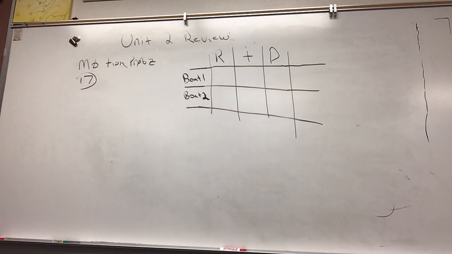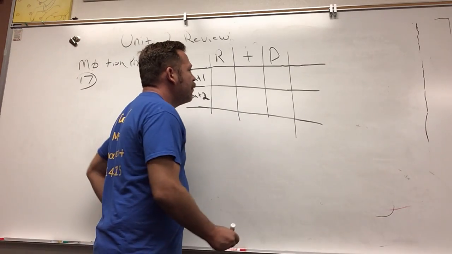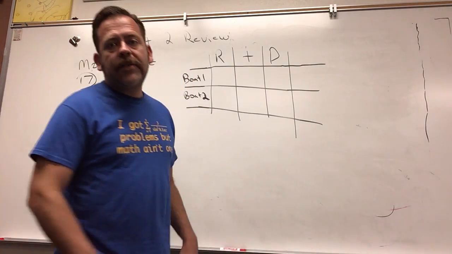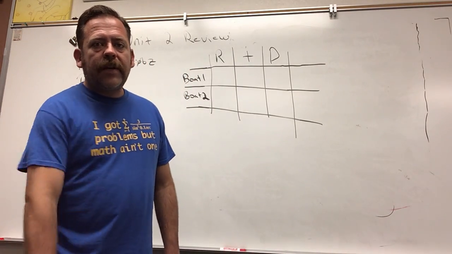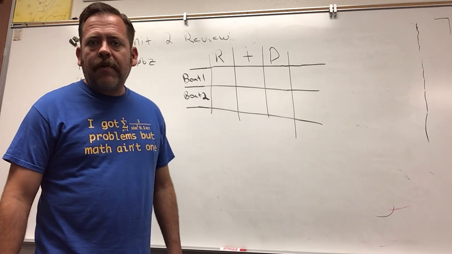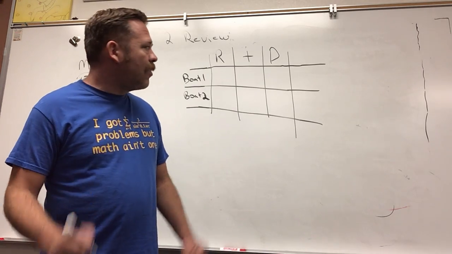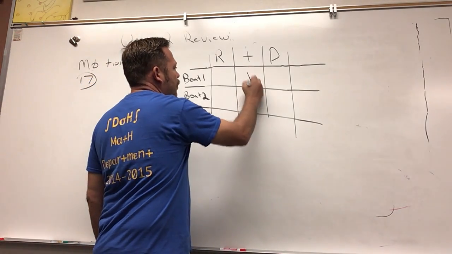And it also says they leave at the same time in opposite directions, okay? So since they leave at the same time, and our question says how long, that's where we get our variable. How long is a measurement of time, right? If it said how fast, it'd be a measurement of rate, but it says how long, so that means our variable is going to be x.